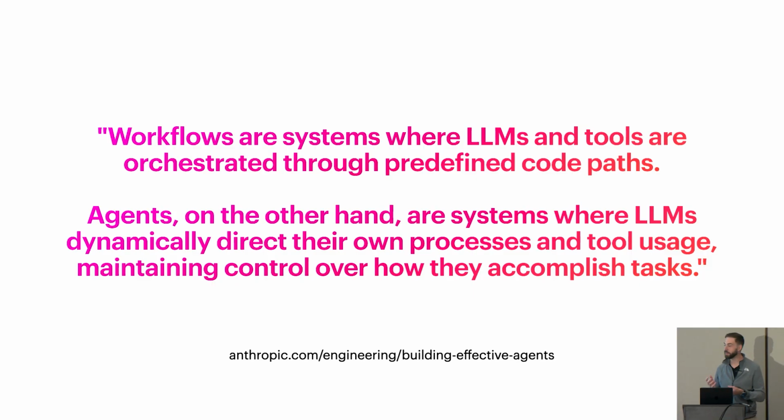They distinguish between workflows, which are systems where LLMs and tools are orchestrated through predefined code paths, and agents, on the other hand, which are systems where LLMs dynamically direct their own processes and tool usage, maintaining control over how they accomplish tasks.